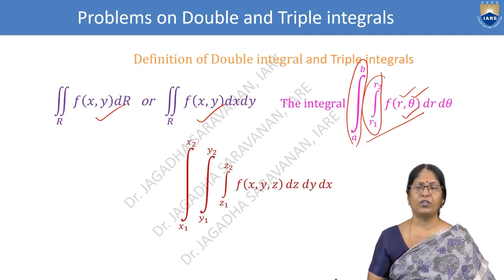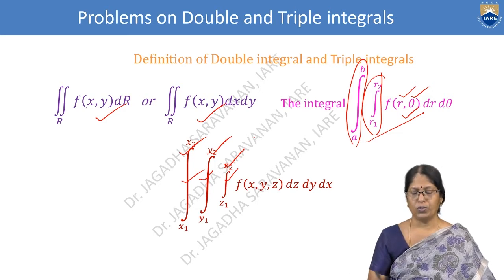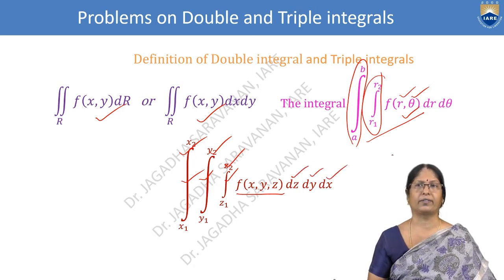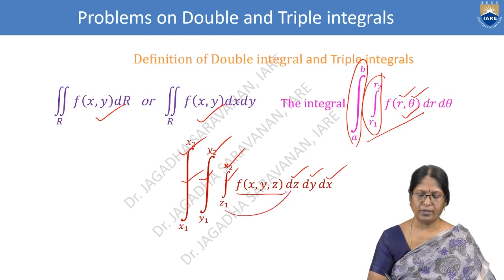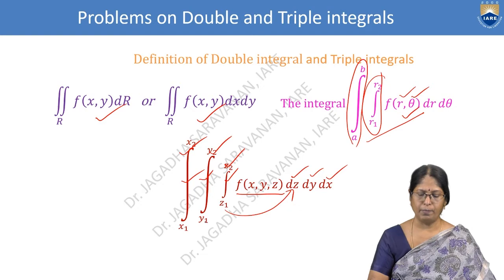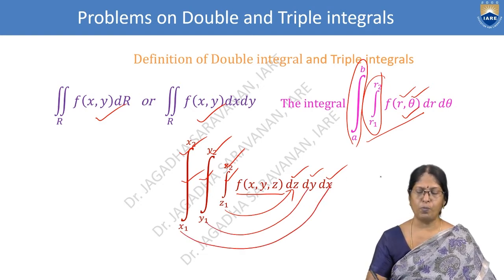Coming to the triple integral, there are three integrations: innermost, middle and outermost. So f of x, y, z, dz dy dx. Here we did the innermost with respect to z, the middle with respect to y, and the outermost with respect to x.